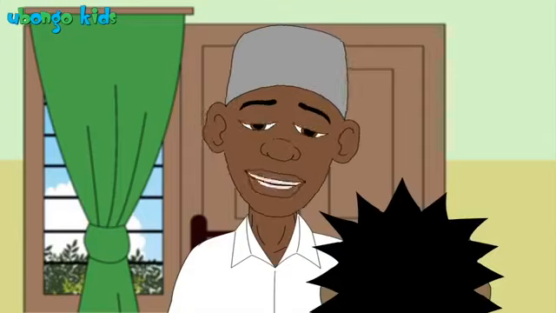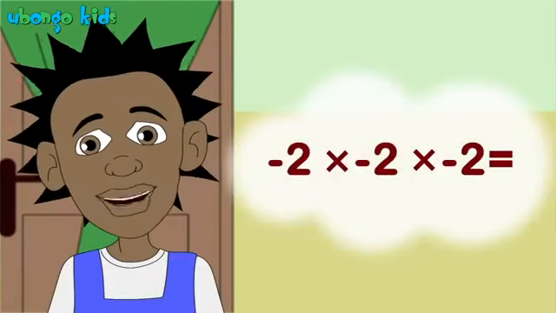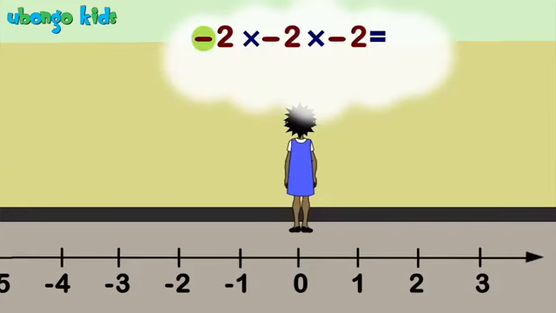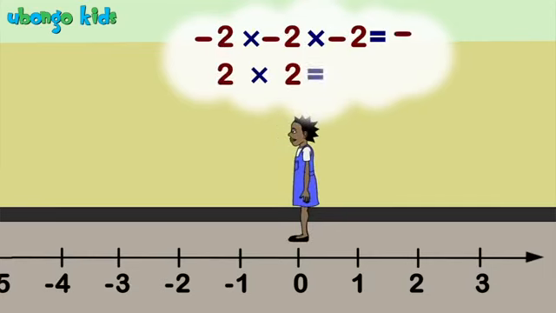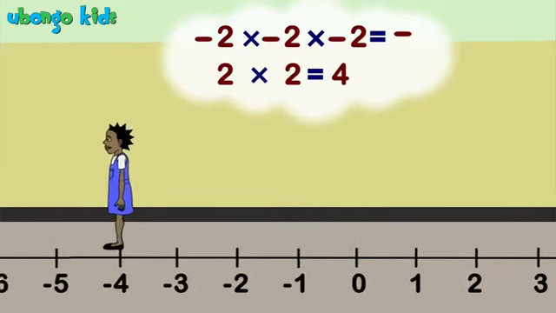Well done, Kiduchu. You really could be a soldier. Dad, I understand. So if it's negative 2 times negative 2 times negative 2, it'll be like this. First negative, second negative, third negative. 2 times 2 times 2.